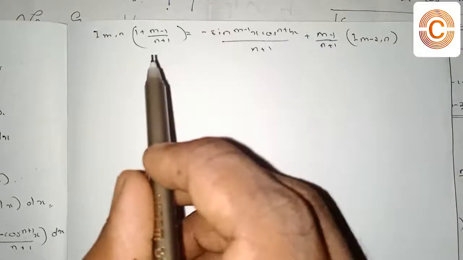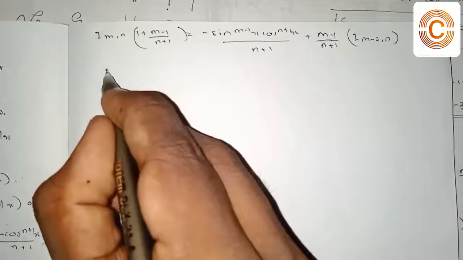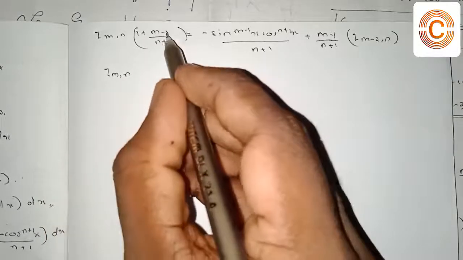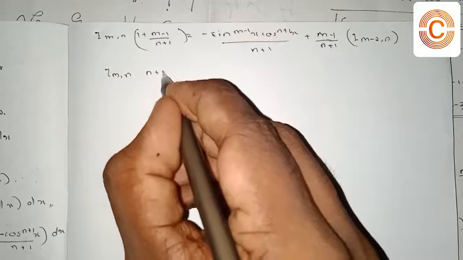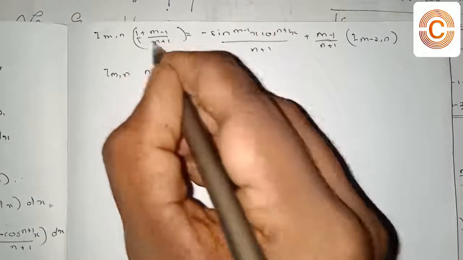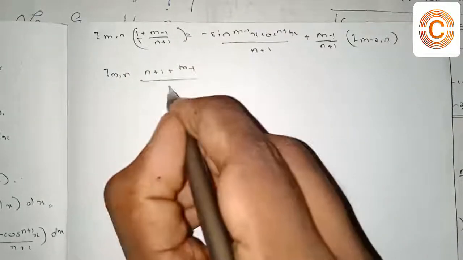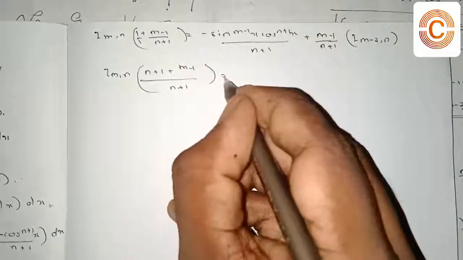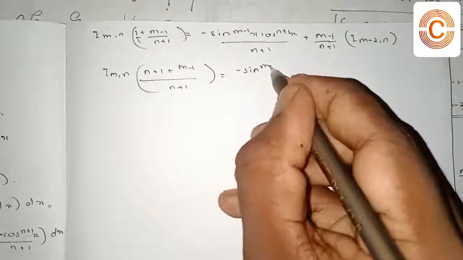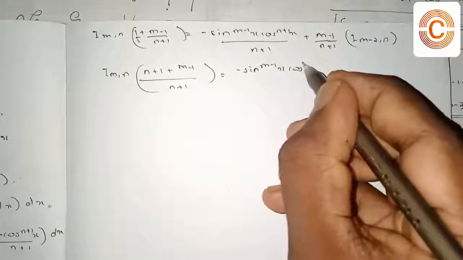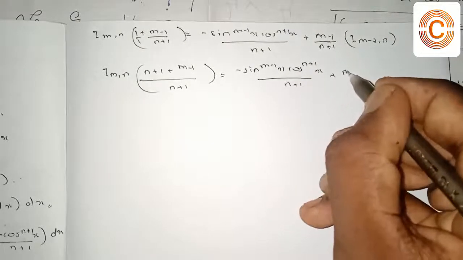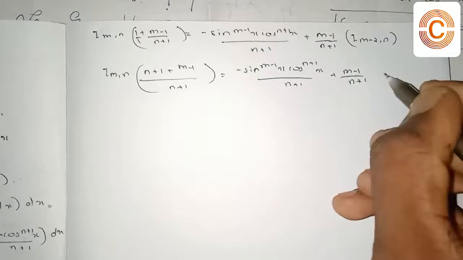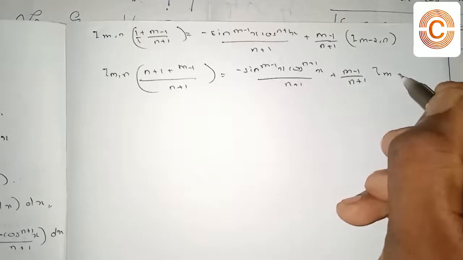So note here that in the next step, I m,n, and here we can use cross multiplication. Then we get (n plus 1 plus m minus 1) whole divided by (n plus 1), which is equal to minus sin^(m minus 1) x cos^(n plus 1) x divided by (n plus 1) plus (m minus 1) divided by (n plus 1), then into I (m minus 2),n.